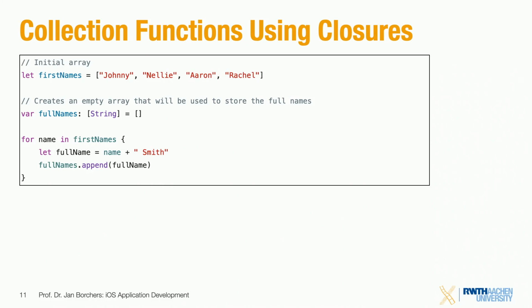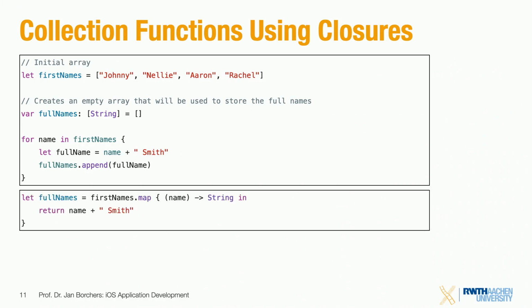How would you do this more elegantly? Yeah. Exactly, right? So you would use the map filter reduce pattern, and you would use map by simply having it return the stuff in here. And that is actually using trailing closure syntax and all of this stuff. This becomes really elegant. If you see this here, we're using let fullNames be firstNames, on which we can apply the map method, right?